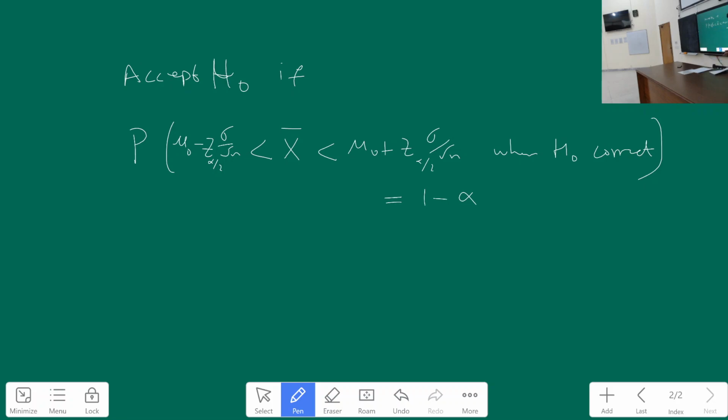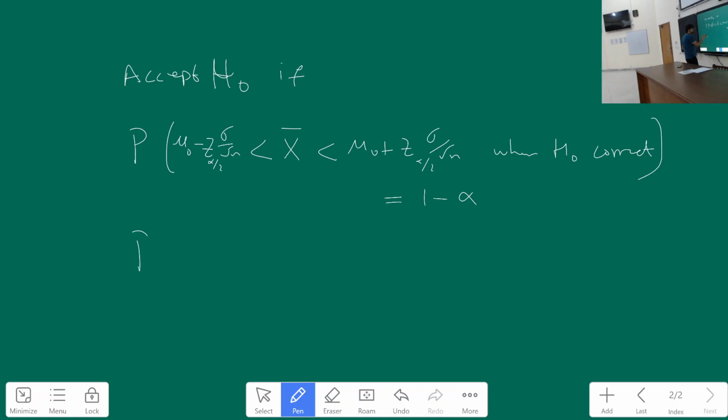So what are we saying? We're saying we will accept H naught if the estimate of the sample mean comes out in this critical region with probability 1 minus alpha. It's the same thing we said, 90%, so you can convert that. Now let's make it further precise.